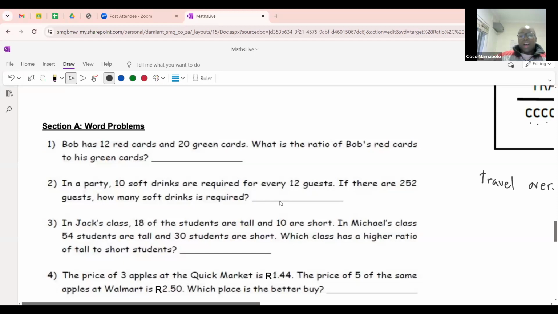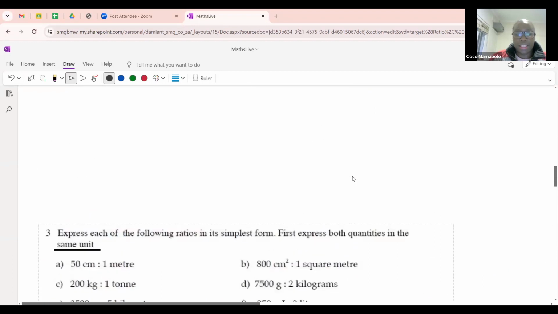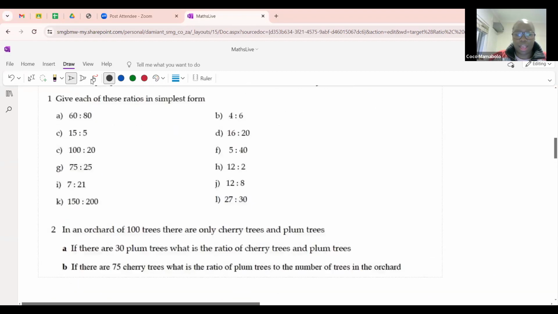All right. Okay, let's start. I'm pretty sure I skipped a section. I need to go back. All right. Let us look at these questions here. We are going to try a fire round where we're going to try and finish question 1 as quickly as we possibly can. There are 12 questions.